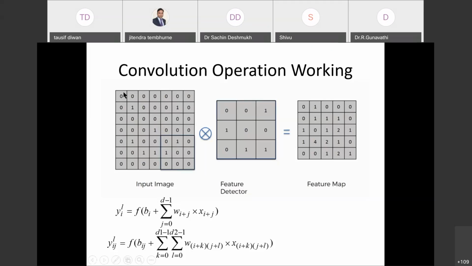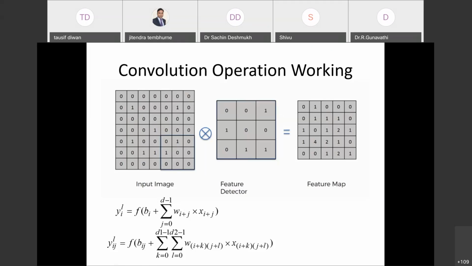So this will become 7 minus 3 plus 1, that is 5. Is it clear? Actually, we will determine the generalized formula, but you should be clear how this formula can be established. What is the stride here? Stride is equal to 1.